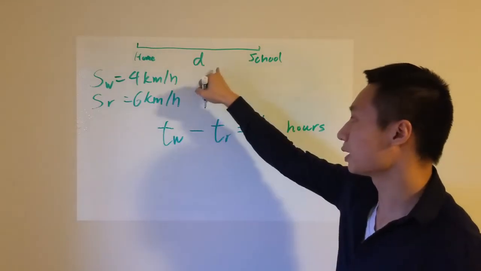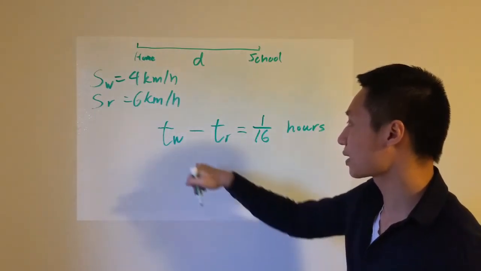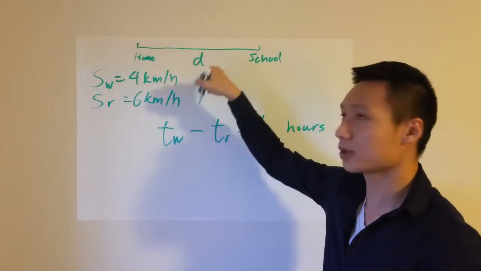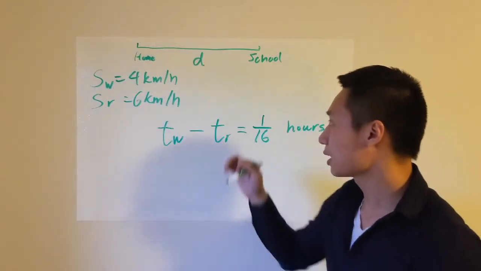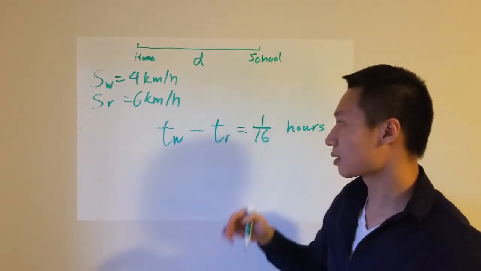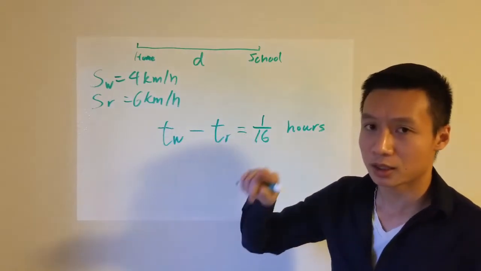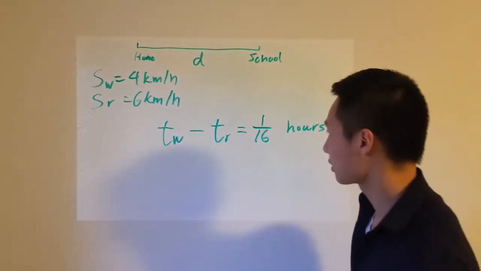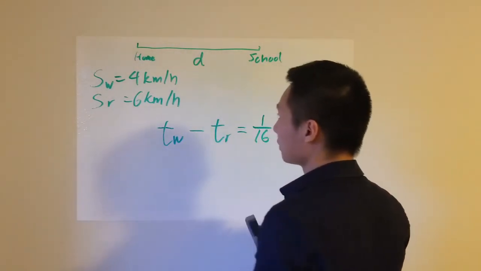We still have two variables in this equation, and we're looking for D. So let's try to substitute these variables with what we know, the speeds, and also in terms of D. We know that speed times time is distance. If you reverse our relationship, time must equal distance divided by speed. So let's start with the walking time.